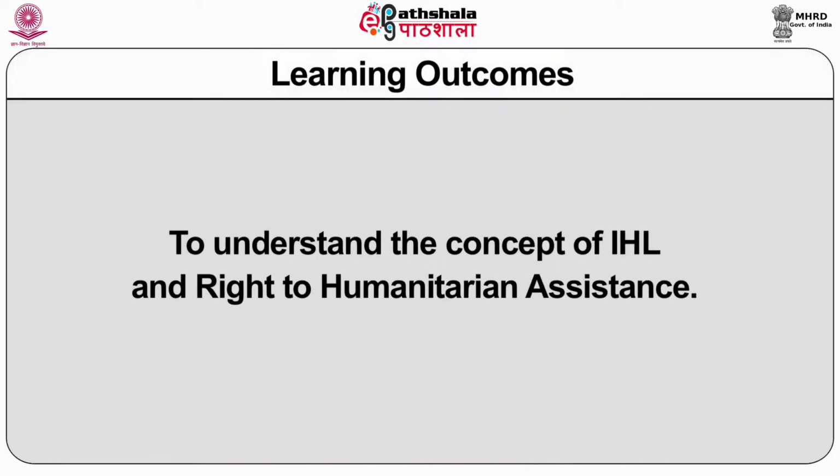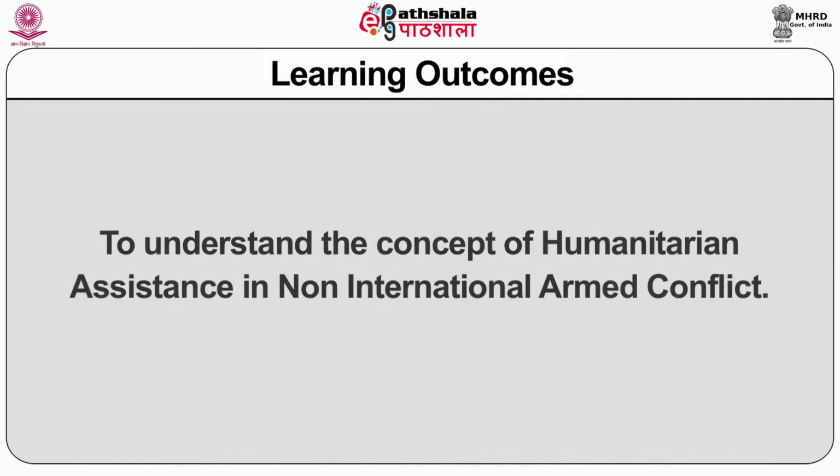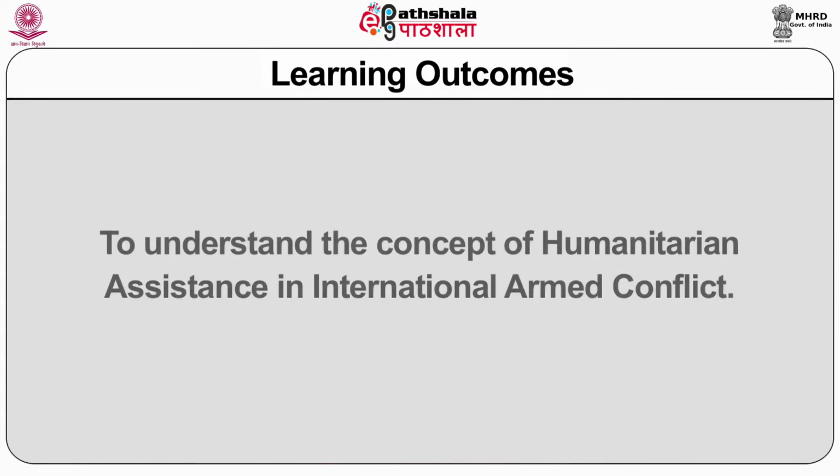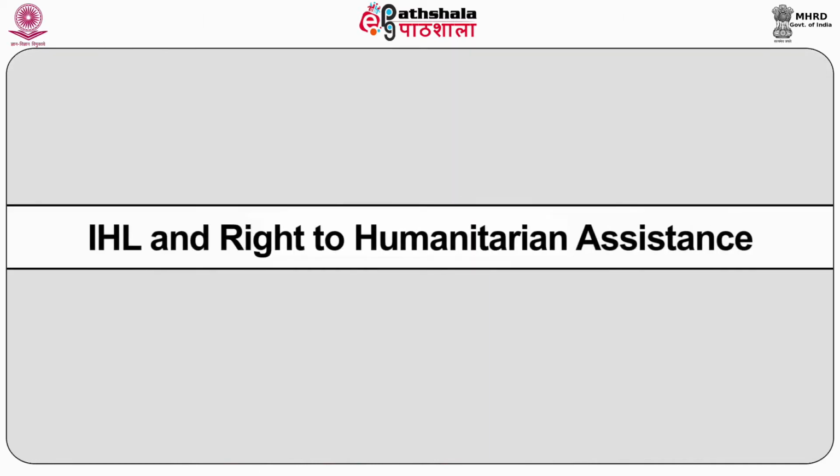To understand the concept of IHL and the right to humanitarian assistance, to understand the concept of humanitarian assistance in non-international armed conflict, to understand the concept of humanitarian assistance during natural disasters, to understand the concept of humanitarian assistance in international armed conflict. IHL and right to humanitarian assistance.